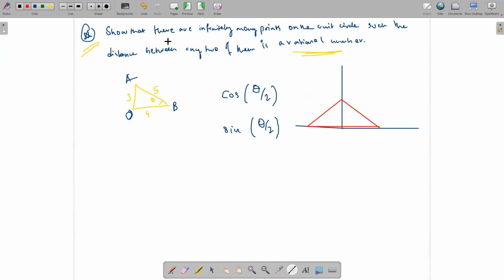Suppose this is the triangle. Say this is -1, 0. This is 1, 0. And this is origin. This one be A, this would be B.